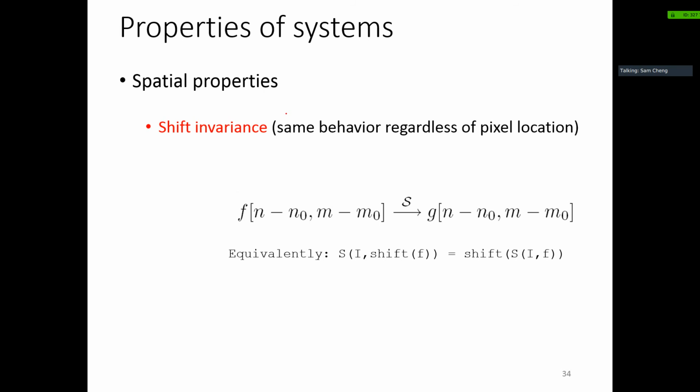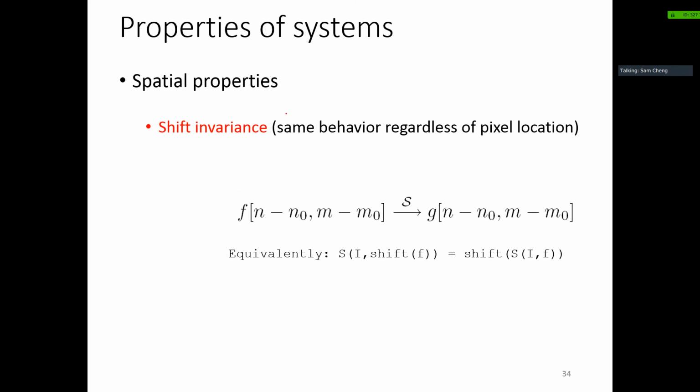If it's shift invariant, actually I'm jumping ahead. If your operation can be represented using a filter, like the dot product we just mentioned, where operating on a pixel equals the dot product of the neighborhood of that pixel with a filter, then the operator is shift invariant only if that filter is equal everywhere.